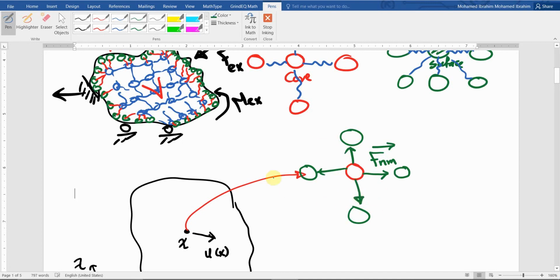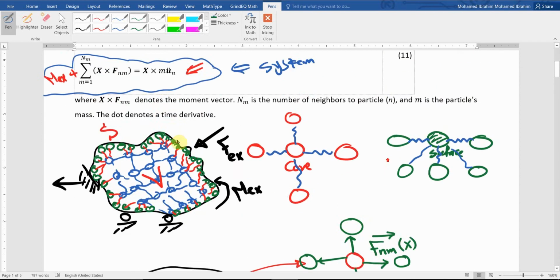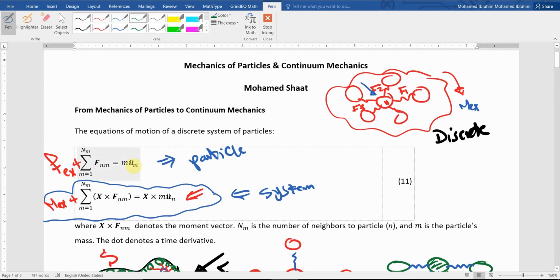Assume that all of these interactions, their sum together, is just F in M, or just F. It is just a force of interaction, and this is the interaction of the particle that is located at X. Here we cannot number the particle, we cannot give a name to the particle N as we did here.